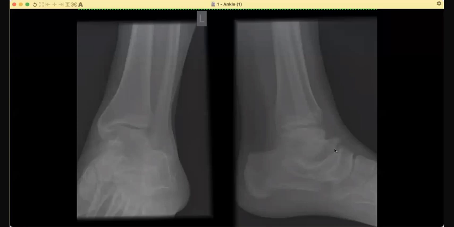Now, the main emphasis is on this finding. What do you think is happening here? It looks like the anterior aspect of the talus is not as smoothly contoured as I would expect. It's almost like a spur. So do you expect that in a 24-year-old? No, it looks more like a bony outgrowth.